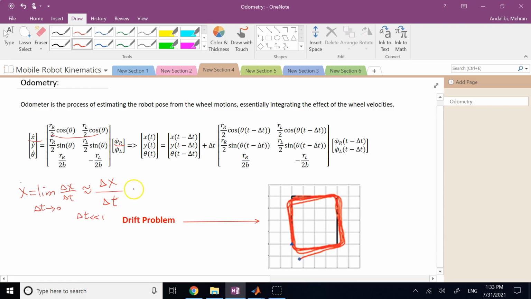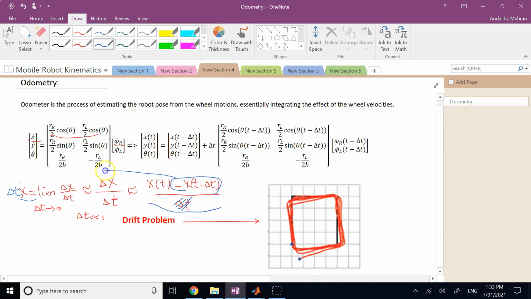And for delta x, if you use backward difference, it is going to be x at the current time minus x at the previous time, divided by delta t, and that's exactly what you see here, right? If you cross multiply x dot and the right hand side here by delta t, you will get x dot delta t equals x of t minus x of t minus delta t.